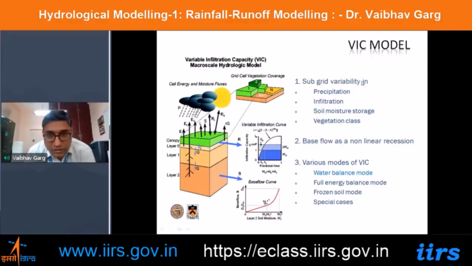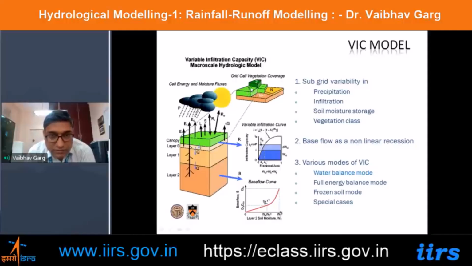Now, how does it consider the subgrid variability? This is one of the grids, suppose a 3 kilometer by 3 kilometer grid. Within a 3 kilometer by 3 kilometer grid, your land use or land cover may be different. So for each land use land cover class, it will calculate the water balance.